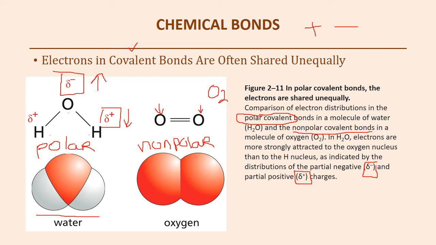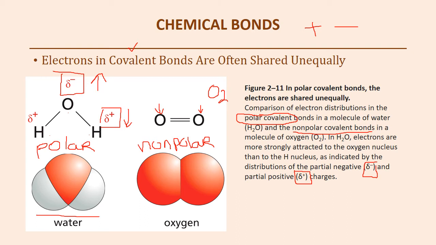A diatomic bond means that both of the elements are the same. So whenever you see that the element is binding to itself, we're creating a diatomic bond. And because everything is the same, that means there's relatively equal sharing, which means it's an example of a nonpolar covalent bond.